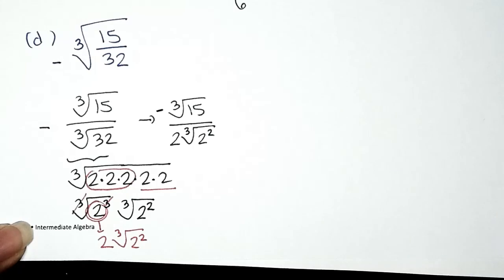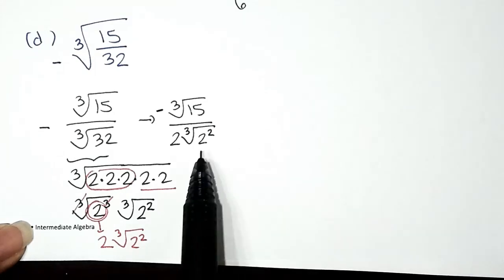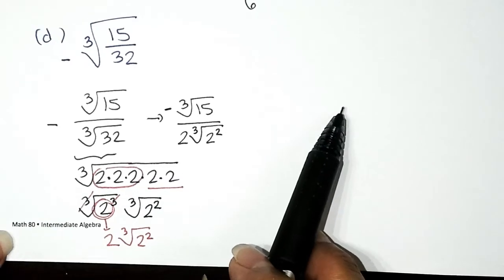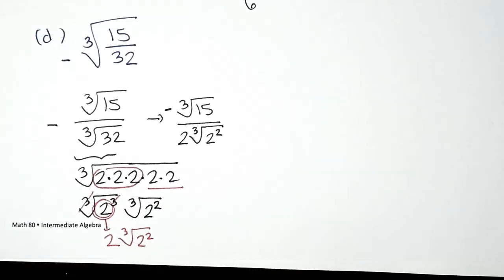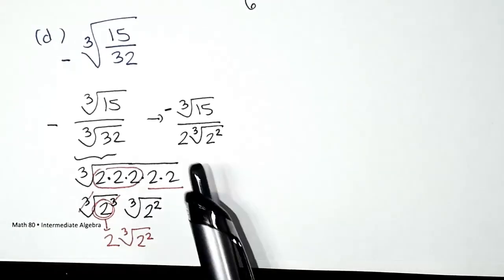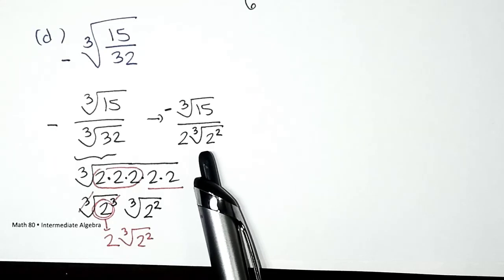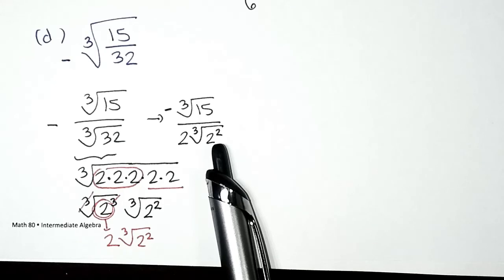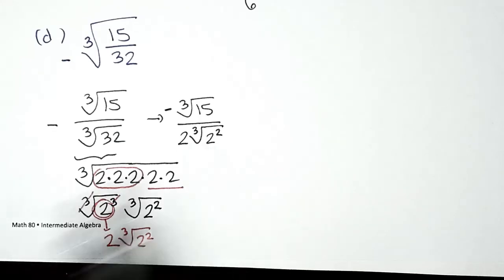Fantastic. So now the question is, how am I going to rationalize the denominator? So let's ask ourselves this question. How many terms do we have? 1 or more than 1? In this case, since we only have 1 term, we're just going to identify the index, see how many factors we have, and then ask ourselves how many more factors we need to match the index.